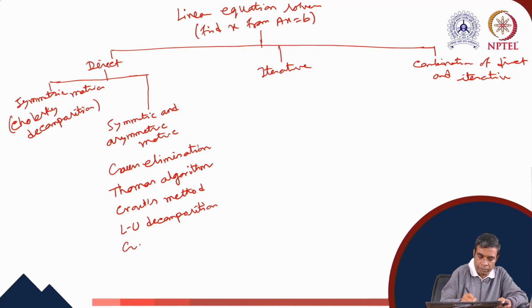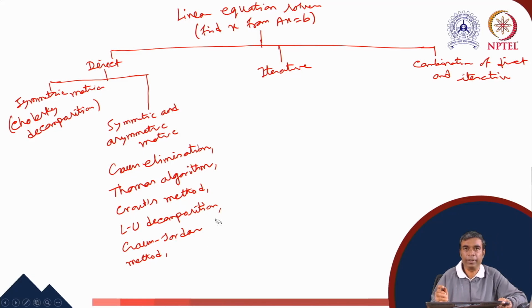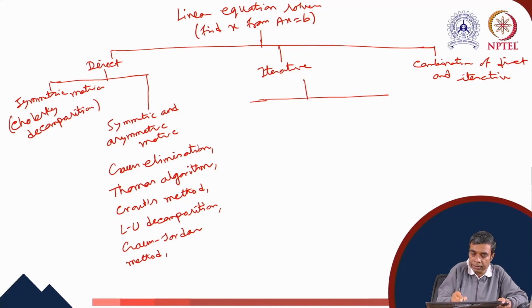Then we have Gauss-Jordan method, and so on. For the iterative methods, we classify them as stationary iterative methods.